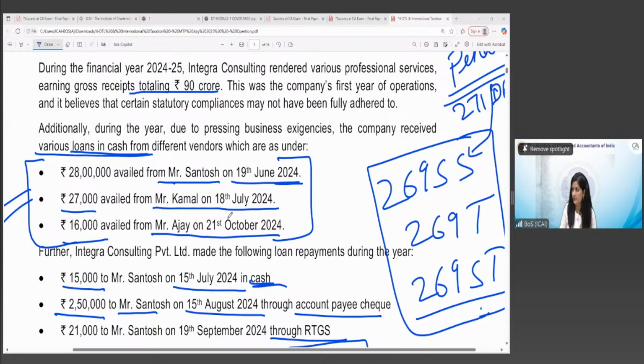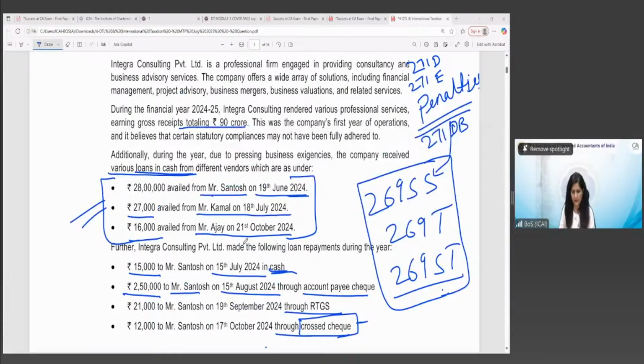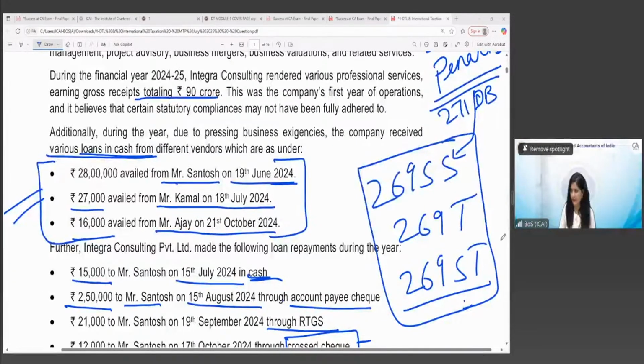Know it? You just tell me what penalty will be leviable. Forget about the sections. Just tell me what penalty is leviable in respect of loan taken in cash.